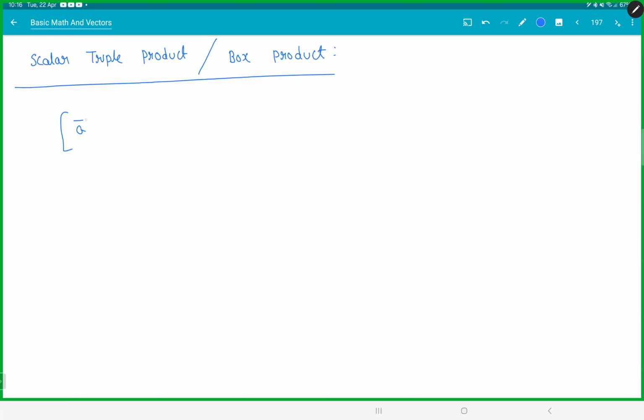We call this thing box, A bar, B bar, C bar. We'll see why we call it a box. So this is nothing but A cross B dot C bar. This can also be written as B cross C dot A bar. So A becomes B, B becomes C, and C becomes A. You keep flipping it. Then B becomes C, C becomes A, and A becomes B. All are valid. So what is this exactly?